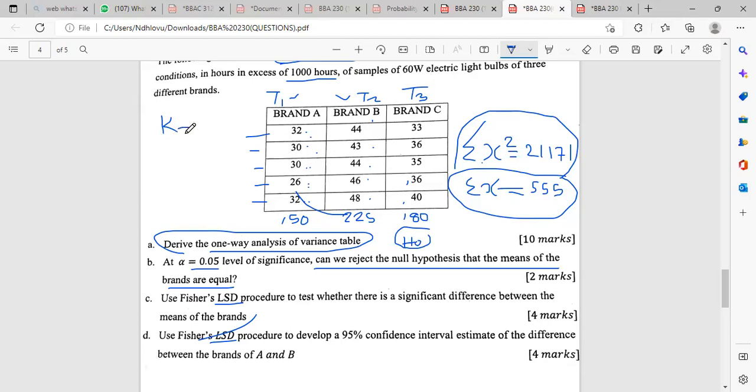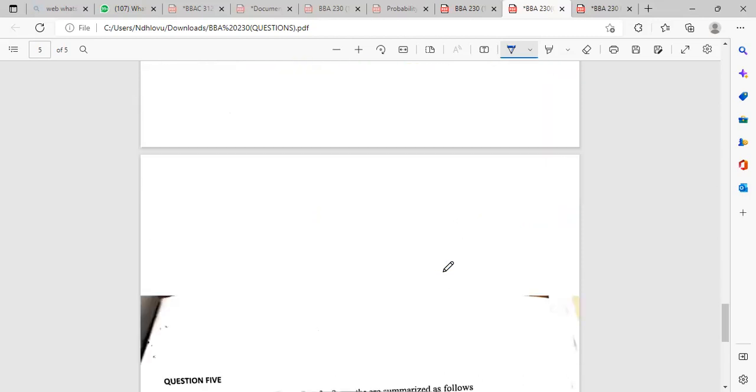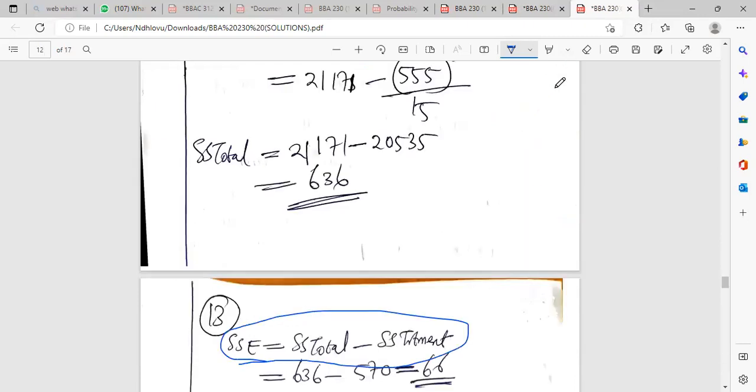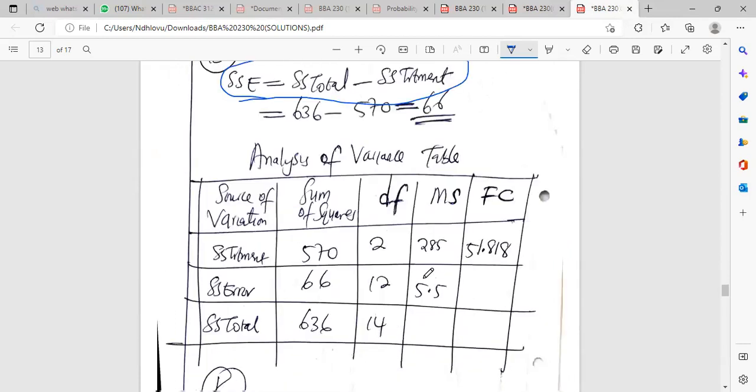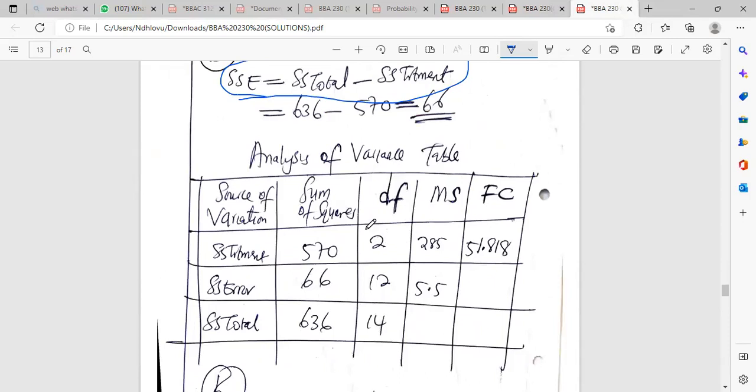Since k is equal to 3, we can set up the one-way ANOVA table for this. For the source of variation, the sum of squares of treatment is 570. The error is 66. Degree of freedom is k minus 1, which is 3 minus 1, giving us 2.